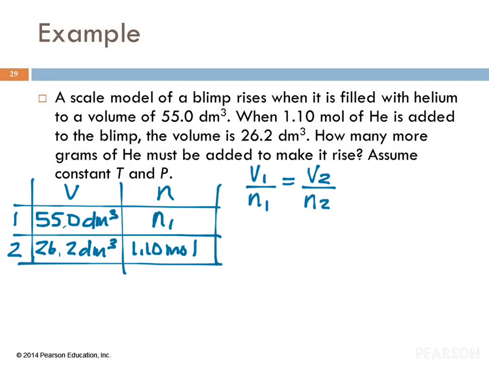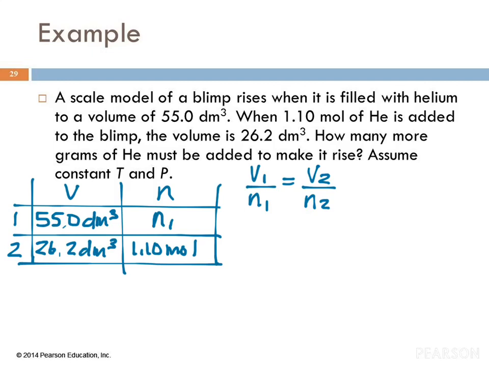We are solving for N1, especially if you're solving for a variable in the denominator. I would encourage you to cross multiply, get rid of the fractions so that you don't make a silly algebra mistake, which negates all your great understanding of the chemistry involved.